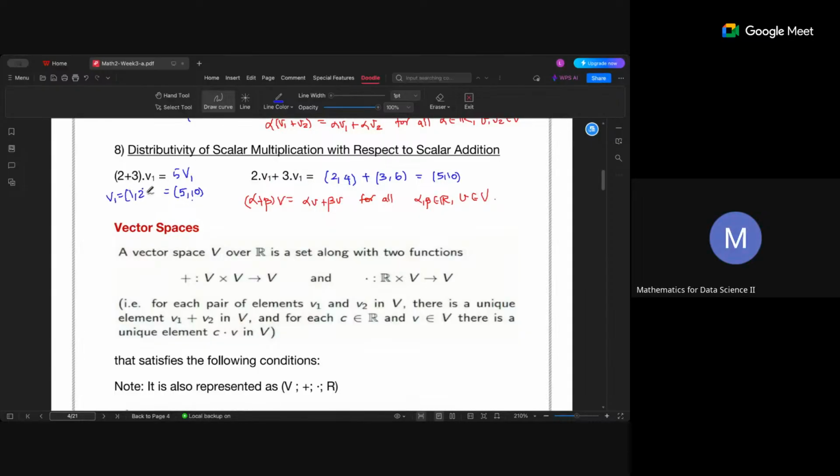V1 is (1, 2), right? (5, 10). Okay, got it. And then here, ma'am, (2, 4), (3, 6), how are we multiplying V1 with 2 and then V1 with 3? Yes, V1 is (1, 2). So 2 times V1 is (2, 4), and 3 times V1 is (3, 6). Okay.